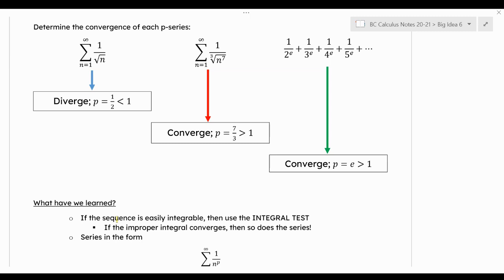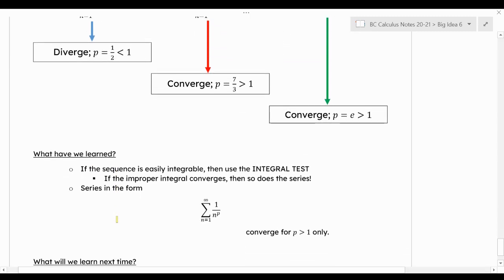Those are called p series. P series always converge if p is greater than 1, and they diverge if not. And by the way, the harmonic series, wasn't it a p series? Because it was 1 over n to the 1, and it diverged. Well, p wasn't bigger than 1, so of course we knew that it was going to diverge.